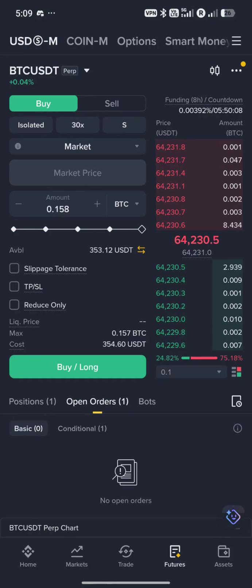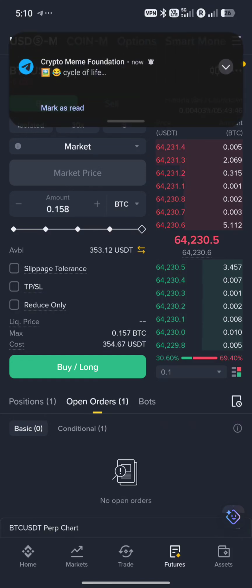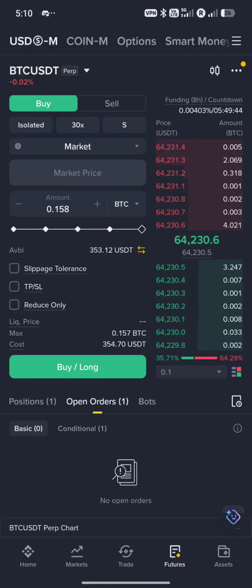Before I leave today, one important thing: this is just the first episode on how to trade futures on Binance. I'll be releasing more episodes later on, on how to analyze the market, technical analysis, and others. But one big takeaway is that as a trader, a beginner or a professional, you must first accept that there is loss in the market, which means you must be ready to lose money to make money.